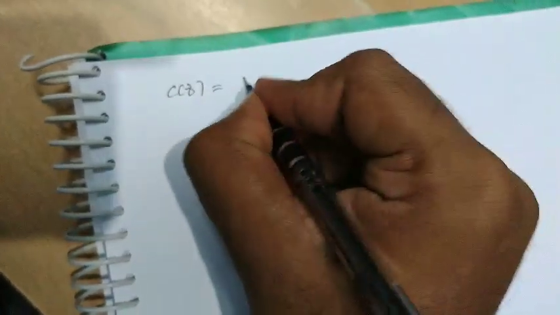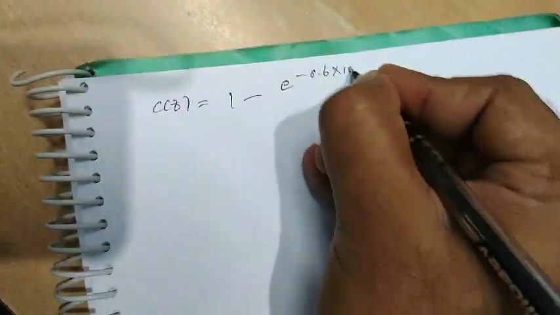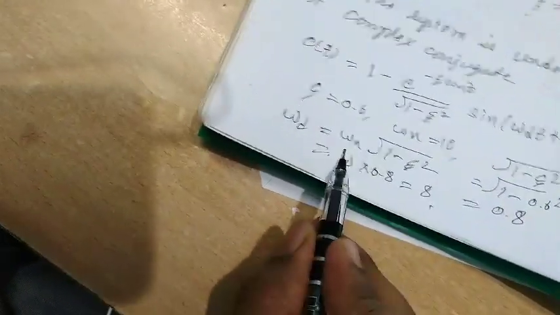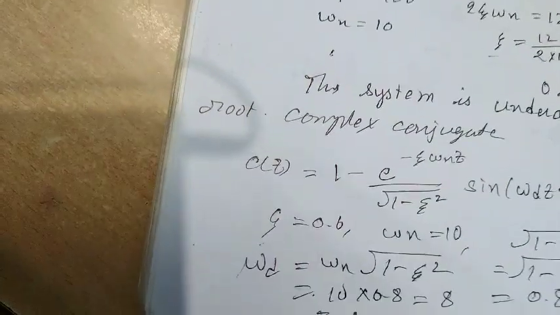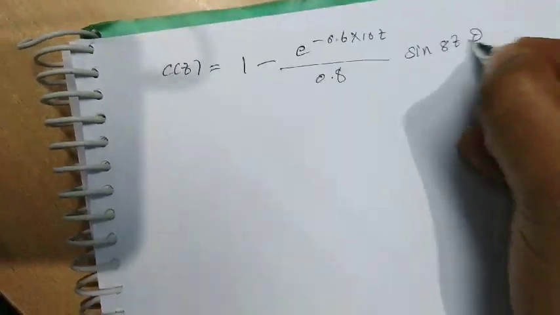So when I substitute these values in C of t, that is 1 minus e power minus zeta 0.6 into omega n 10, t, divided by under root 1 minus zeta square, which I got as 0.8, into sine of 8t plus theta.